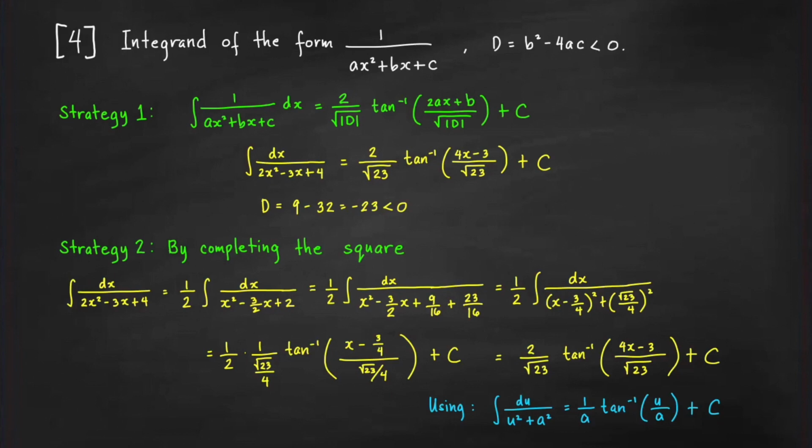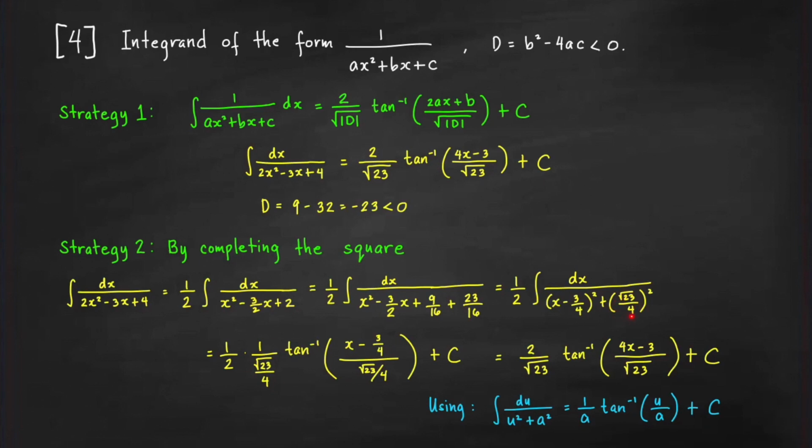Now we can write down the denominator as the square of x minus 3 fourths, and then plus this one as the square root of 23 over 4. And using our integration formula, integral of du over u squared plus a squared equal to 1 over a tangent inverse of u over a plus c. So we'll get here 1 half times 1 over a.